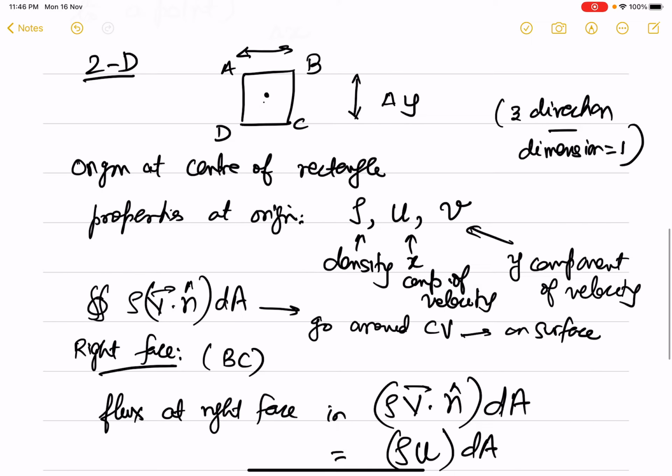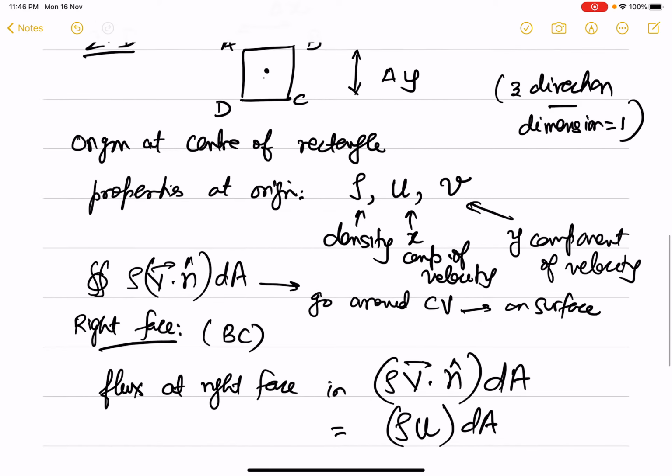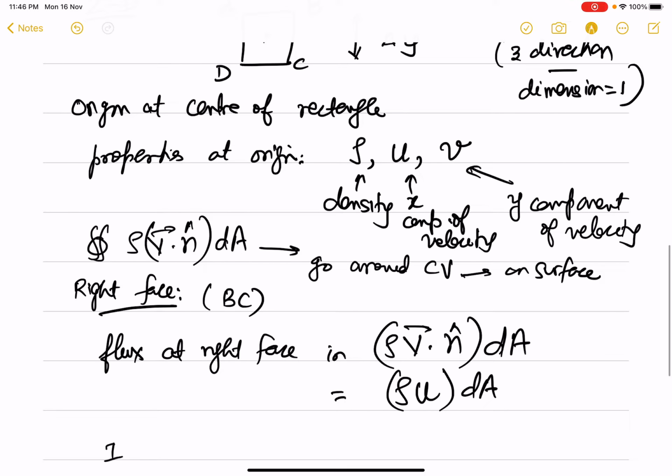Now, let's call this product rho u, the x momentum flux.